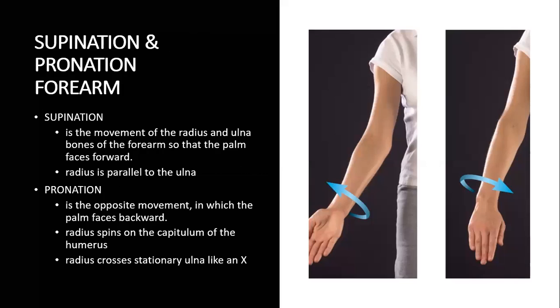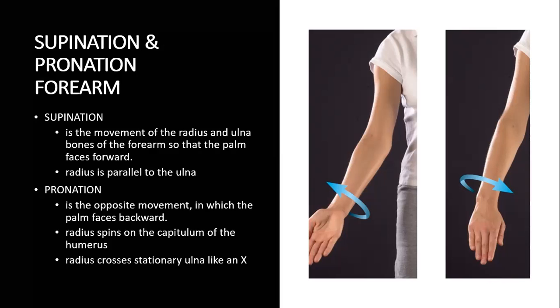Supination and pronation. Now, you'll also notice that I typed in the forearm. There is a supination and pronation at the ankle also, at the foot, and we will talk about that. But the supination and pronation at the forearm is a normal movement, all right? This is not a movement of the wrist.